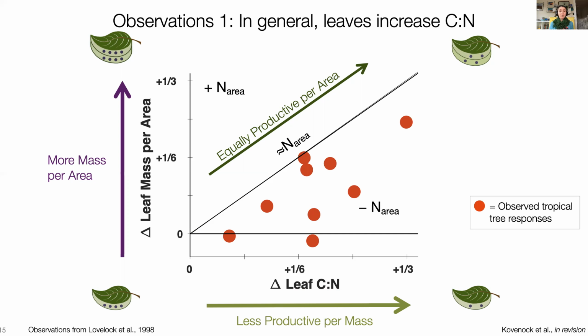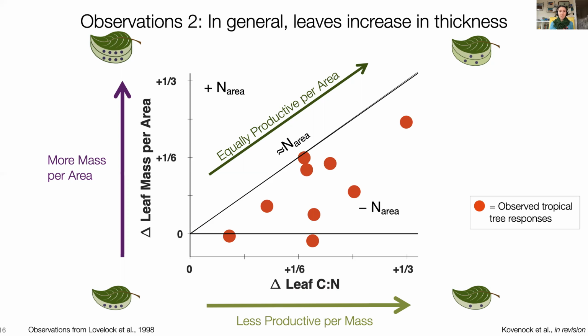They are generally showing positive values along the x-axis. They are having more carbon relative to nitrogen. Second, in general, leaves are increasing in thickness. They're also mostly showing increased positive values on the y-axis. So leaves are becoming thicker as well.